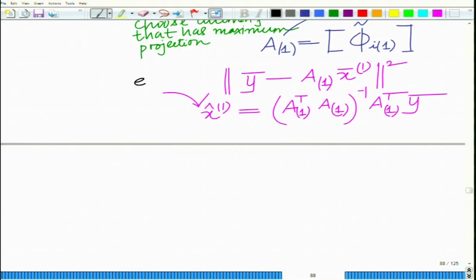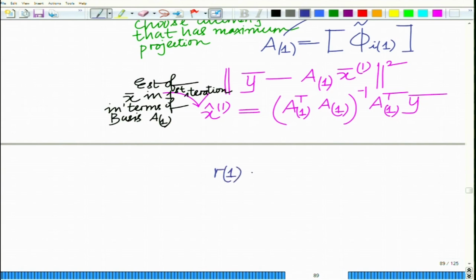So this is basically the estimate of x bar in the first iteration, in terms of the basis A1. Okay. And now the residue after the first iteration, that is after your approximation, that is y bar minus the basis times x hat of 1.